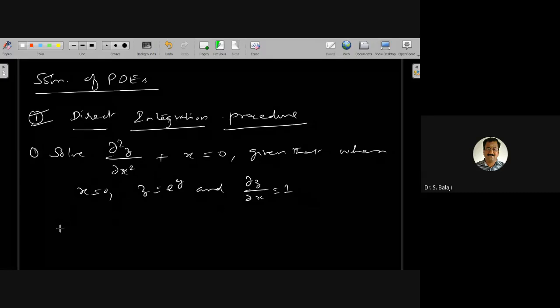Now this is the partial differential equation we have here. Dou square z by dou x square equal to minus x.